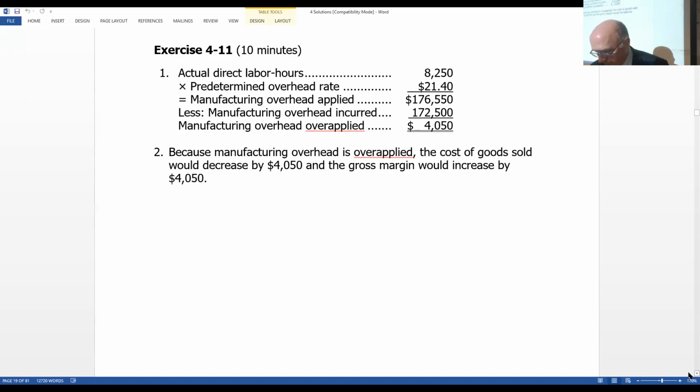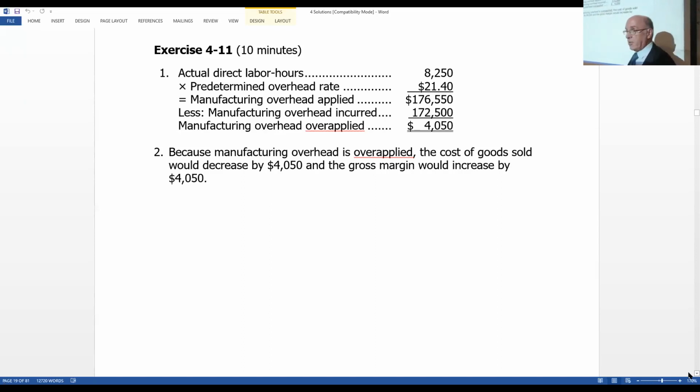The first requirement: determine the amount of under-applied or over-applied manufacturing overhead for the period. So what do we have? The actual direct labor hours, 8,250. The predetermined overhead rate, $21.40. So that's 176,550. That's the amount applied, and then the actual manufacturing overhead incurred is 172,500. 4,050 is the number.